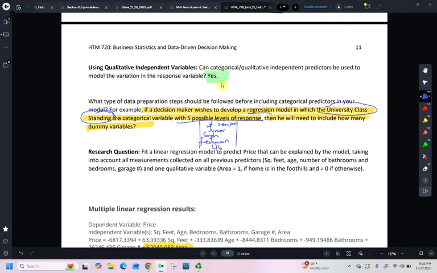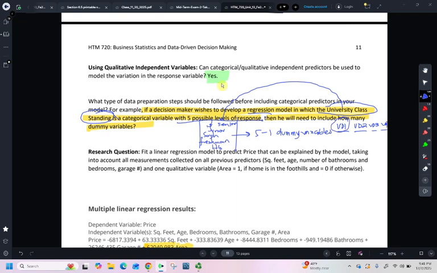So this particular categorical variable, university class standing, has 5 levels. I am going to need to introduce 5 minus 1 dummy variables. So I can say university dummy variable 1, university dummy variable 2, university dummy variable 3, university dummy variable 4.